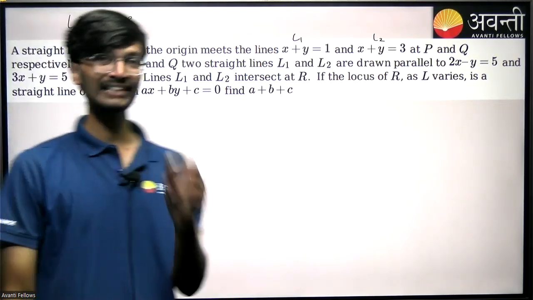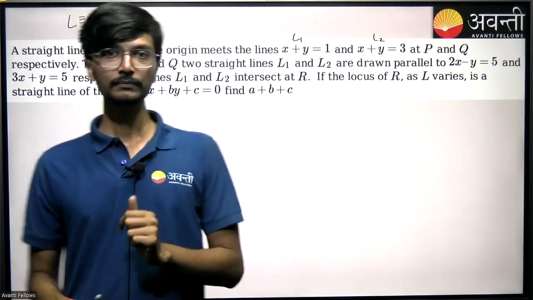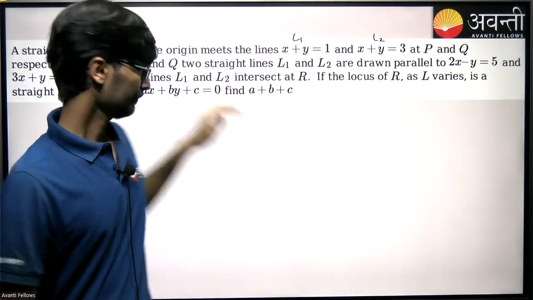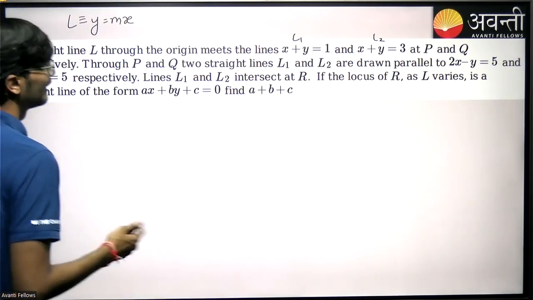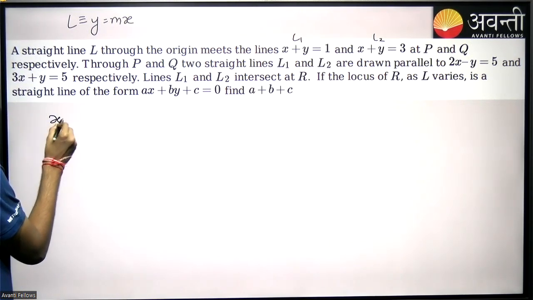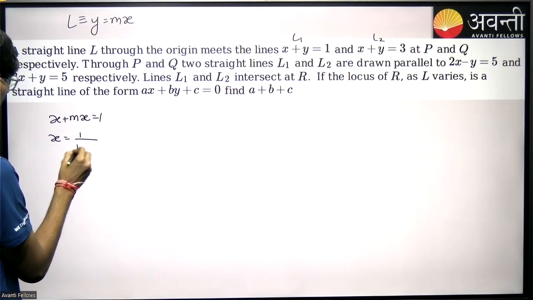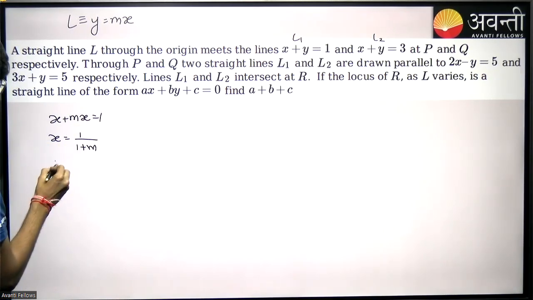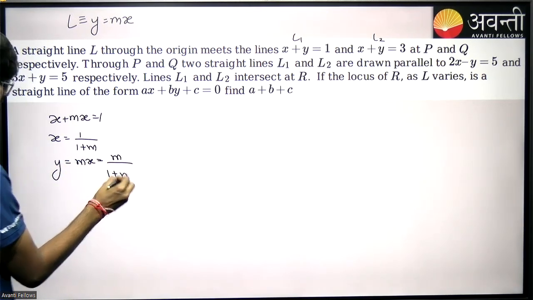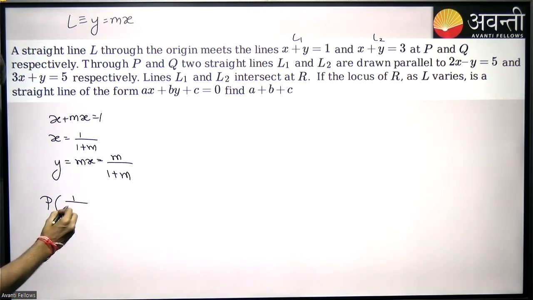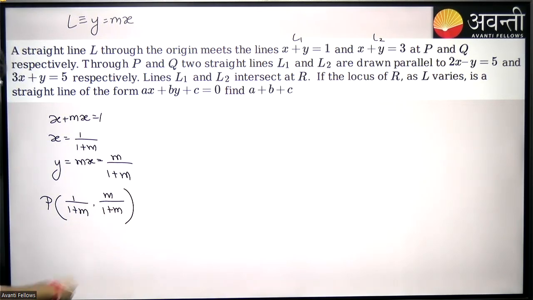To find points P and Q, I have to solve L with L1 to get point P and with L2 to get point Q. If I solve L1, I'll get x plus mx equals 1. That means x equals 1 upon 1 plus m, and y equals mx, which is m upon 1 plus m. So I got the point P: 1 upon 1 plus m, m upon 1 plus m.